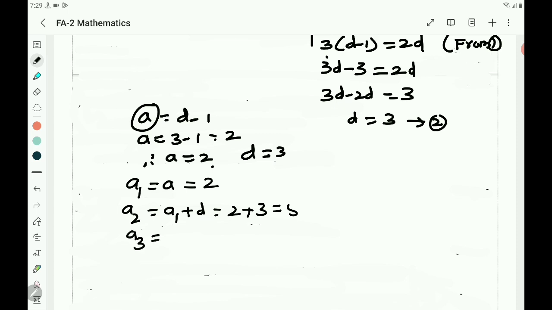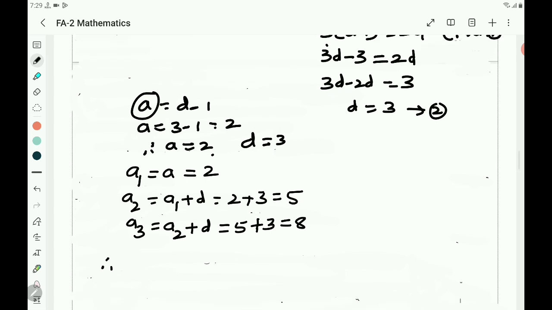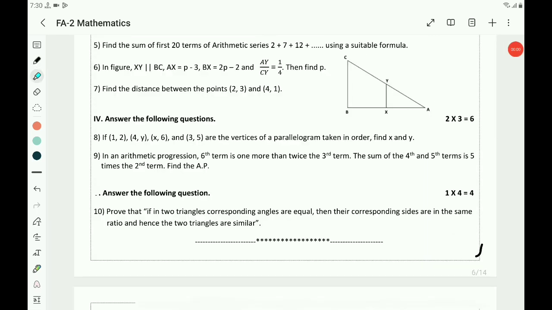A3 equals A2 plus D equals 5 plus 3 equals 8. Therefore, the AP is 2, 5, 8, and so on. This is the AP.